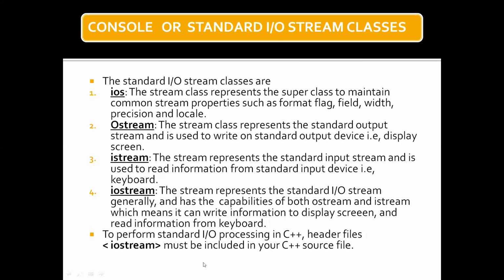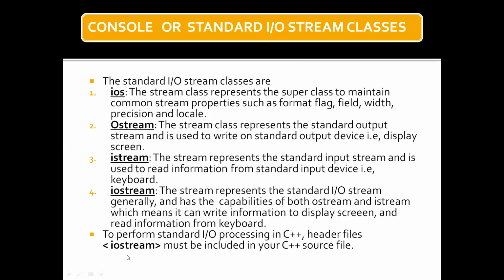To perform standard IO processing in C++, the header file iostream must be included in your C++ source file. So whenever we write a program, the C++ source file needs to have iostream, because to get input and output, to read and to write in a program, we use iostream.